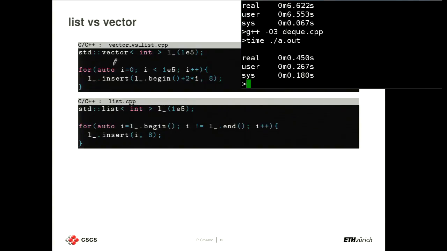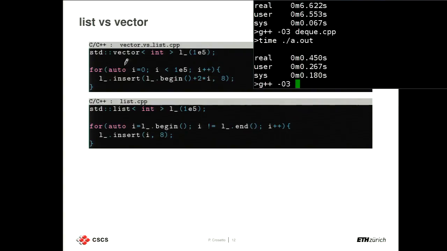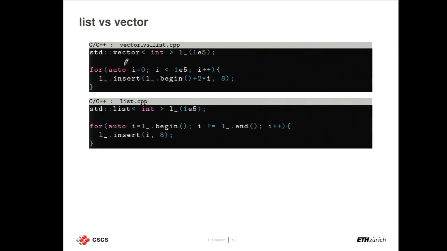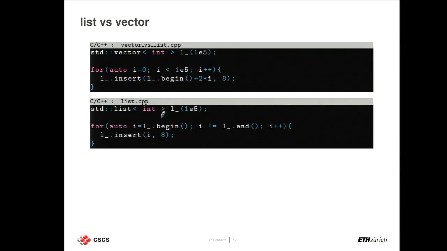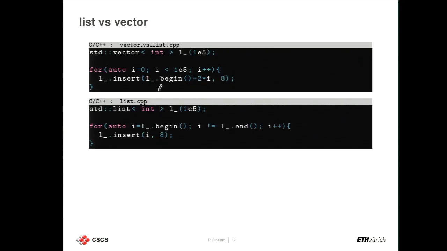So if I compile the list example, here I cannot use the same syntax for the two things, and this will be clearer later on when I talk about iterator invalidation. Then I will explain why these two things are different.